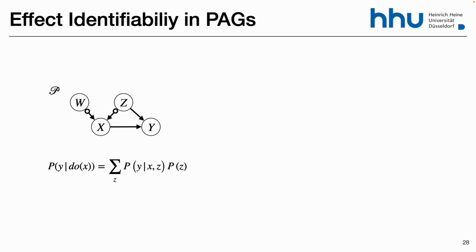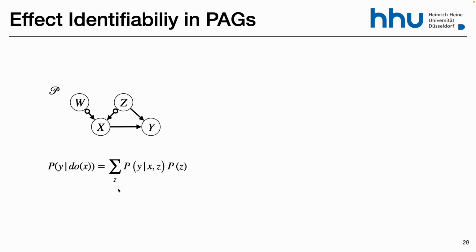Before going to an example, I want just to clarify what being identifiable in a PEG means. Maybe this was clear, but just reinforcing the concept. A PEG is a class of models. So when I say that the effect of X on Y is identifiable, even through backdoor, you can get this expression either by applying the backdoor adjustment on a PEG or just running the algorithm.